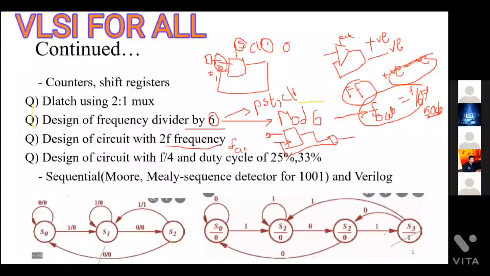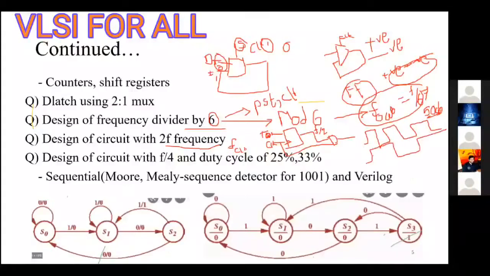So this is a normal counter. Here this is the T flip-flop, T is set to 1 and the clock is given. So the output clock which I obtain will be f by 2 frequency. Now if I pass this to the AND gate, if I draw the waveform, this is the f clock, and the output waveform is f by 2 frequency.